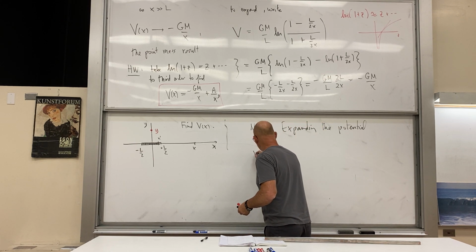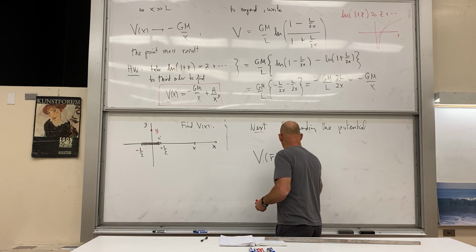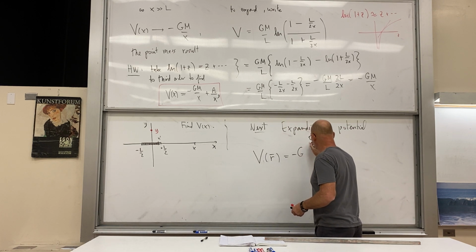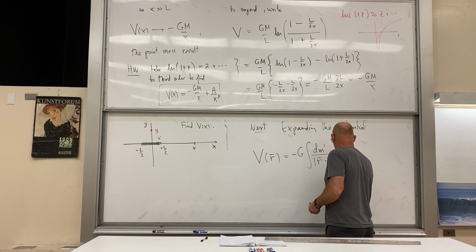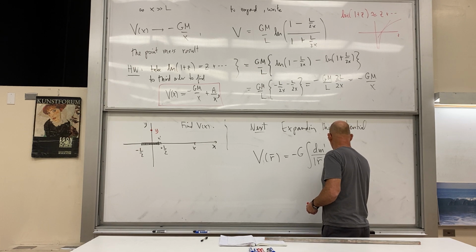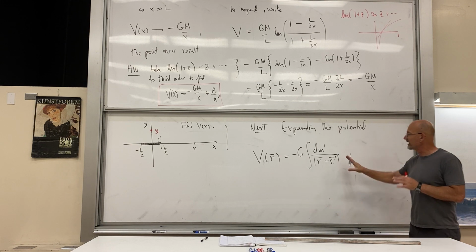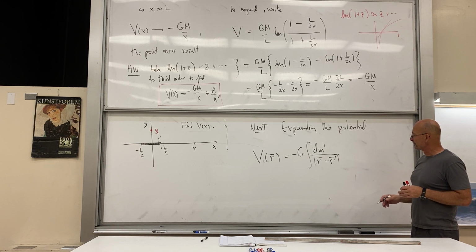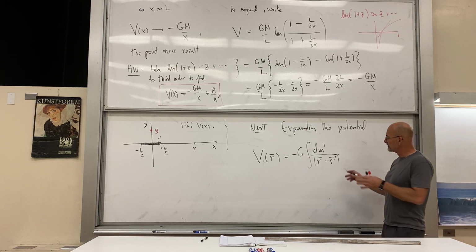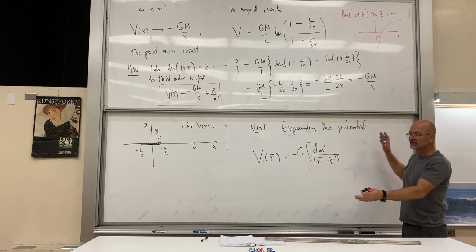So what we're looking at now, once again, V of R equals minus G dm prime over the magnitude of R minus R prime. That's a prime, not a vector. We're going to be expanding this for position R that is a great distance from an object.